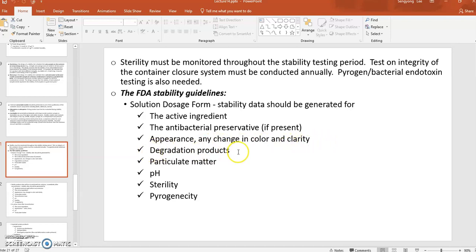And degradation of the product, of course, important. Particulate matter, there should not be anything becoming particulate matter in your drug. pH level should not change, sterility should not change, and pyrogenicity should not change.